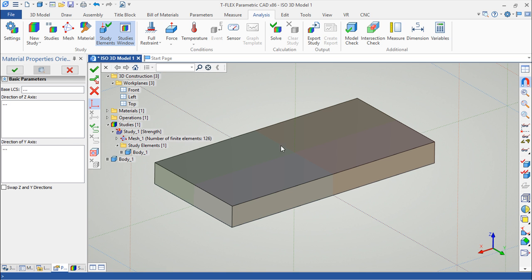So we can define, I don't have it ready, and I think it's quite easy to understand. We can define a particular local coordinate system because having different parameters for each of the axes, it is important to have the possibility to define also this local system with a proper orientation.